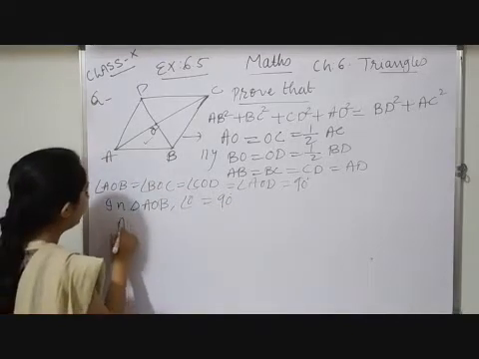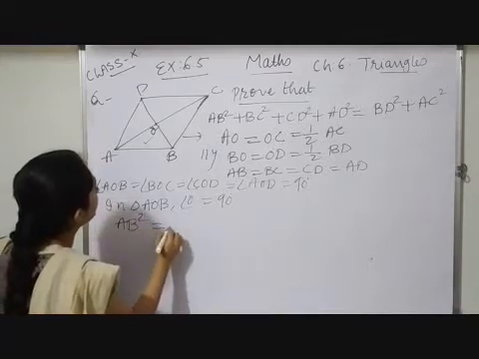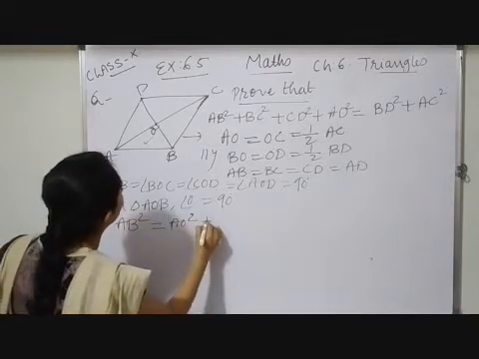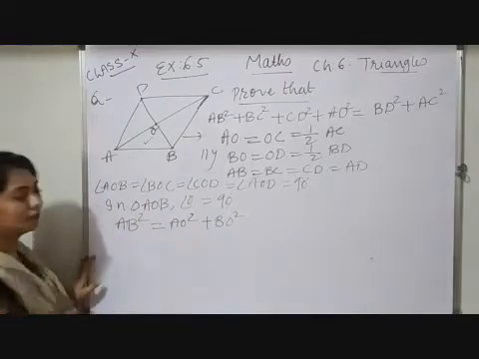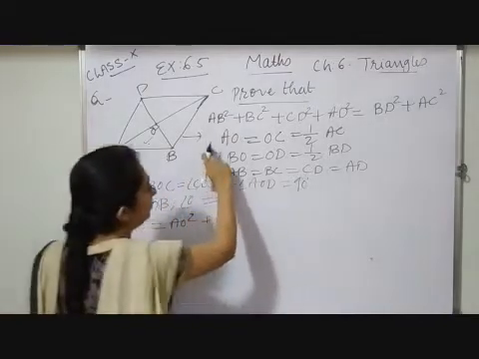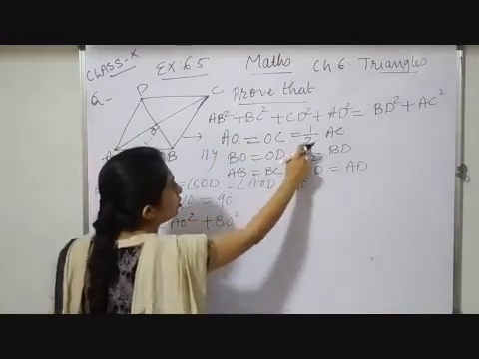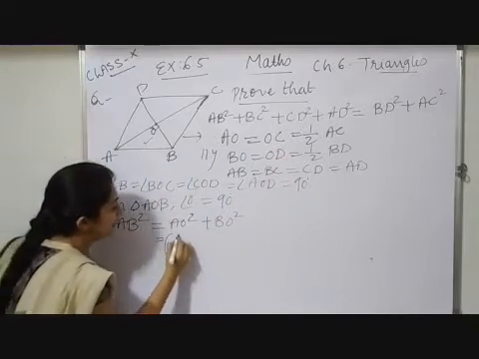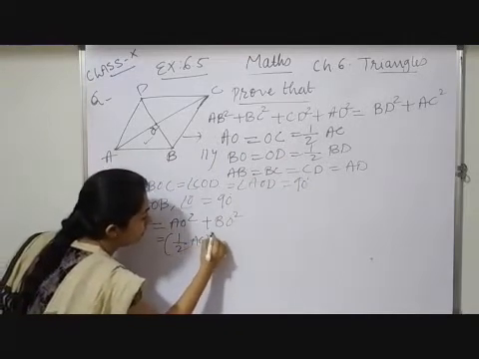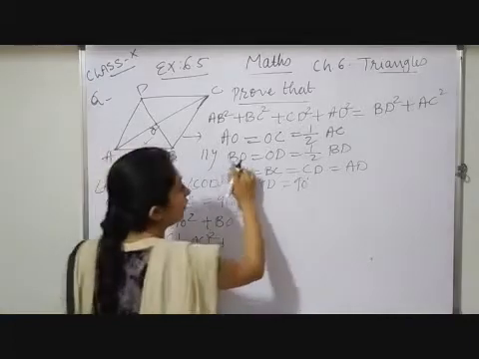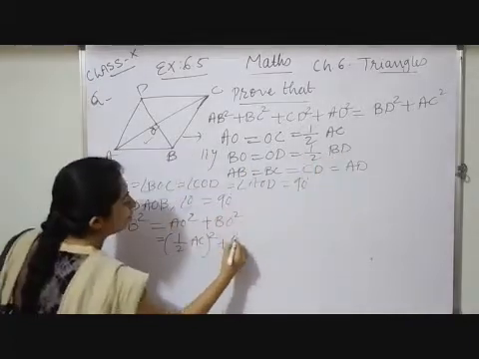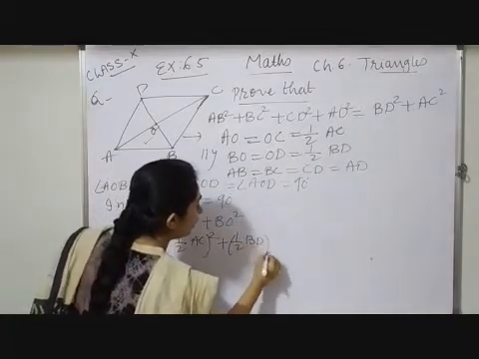So I can write AB square equals AO square plus BO square. Now we have written AO equals half AC, so I can write (half AC) whole square plus BO, which we proved is half BD, whole square.